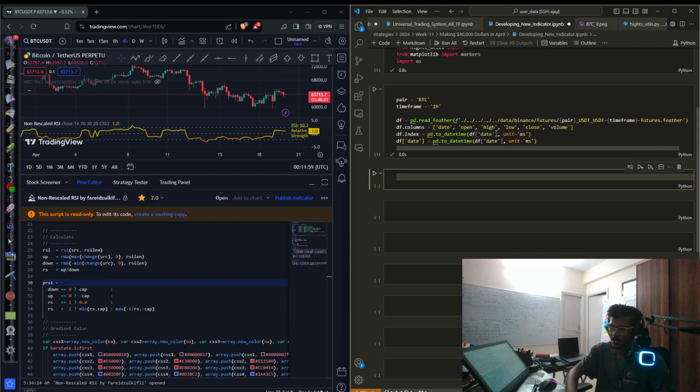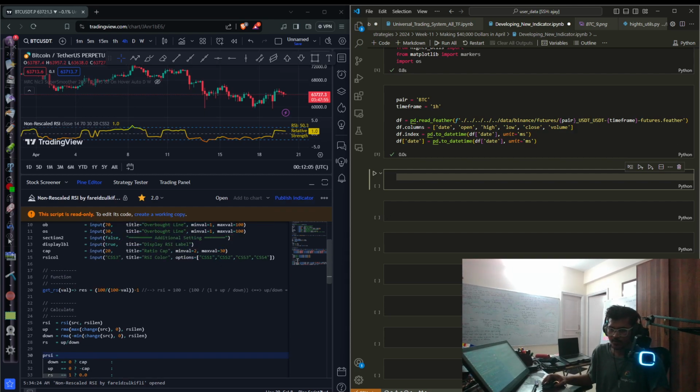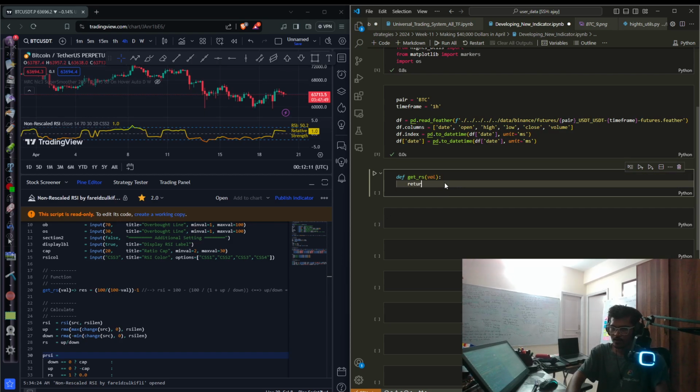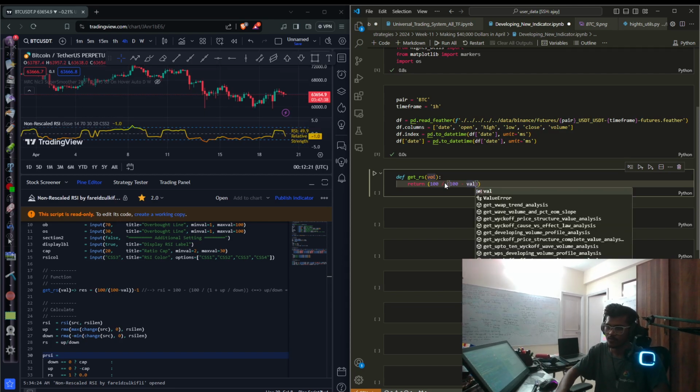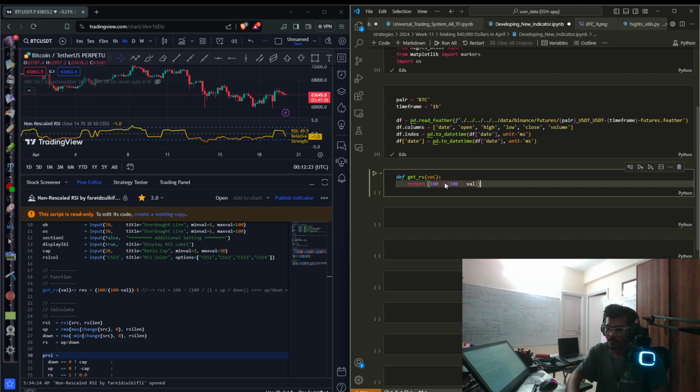So we get the data for Bitcoin 1 hour, and this one function is called getRs. It takes a value and returns the result, 100 divided by 100 minus value, minus 1. So this is what it returns.